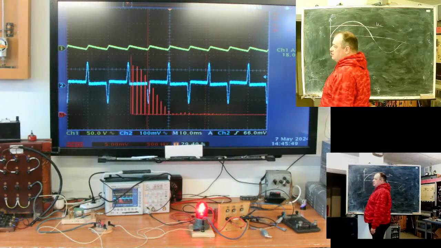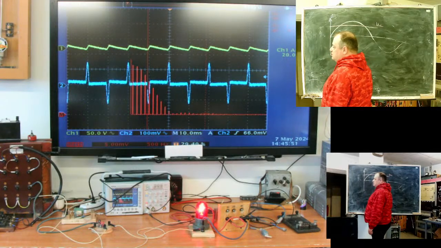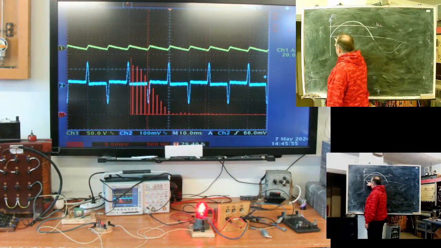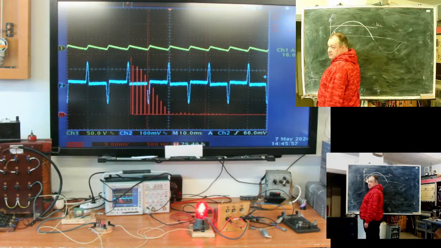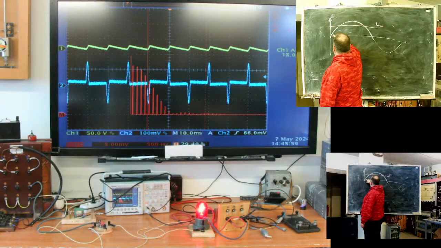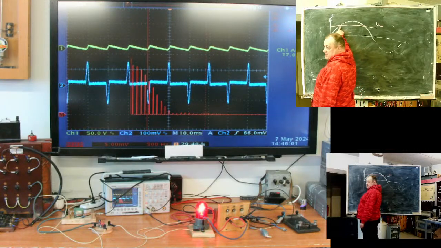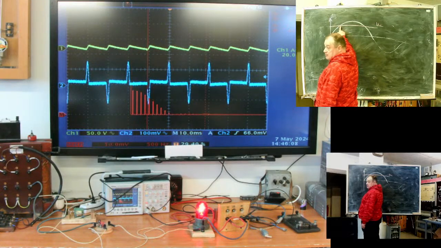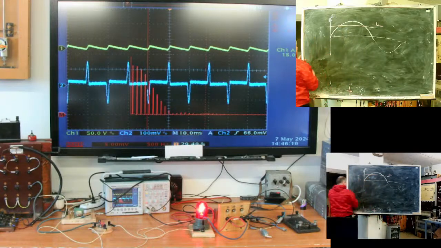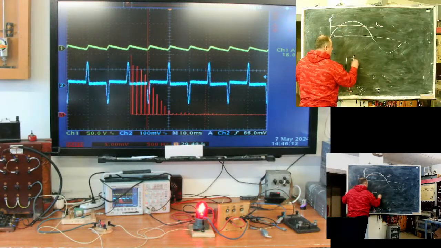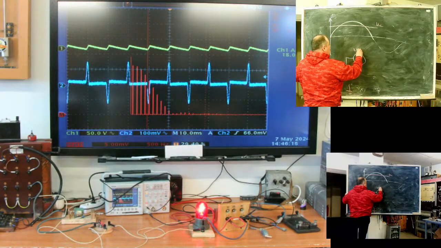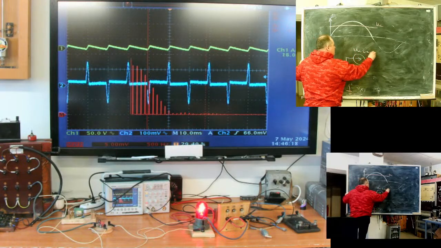Ideal case, no load at all. What will happen? We have a diode between them. So until the network voltage is higher than the capacitor charge, no current flows. At the moment... what do we get? Sine omega t.